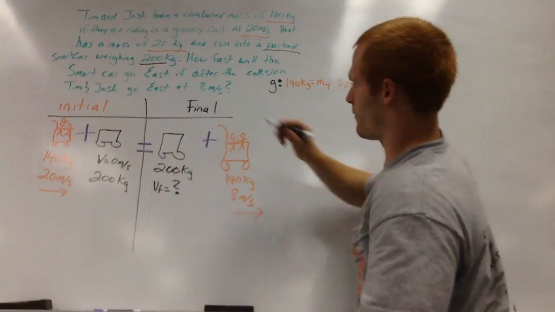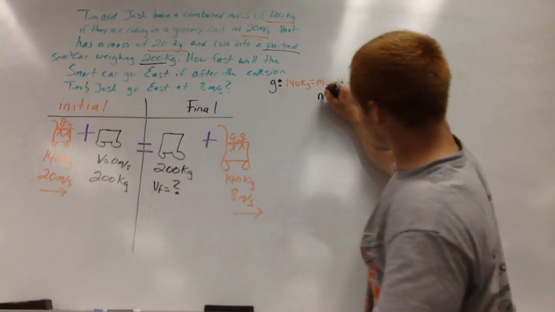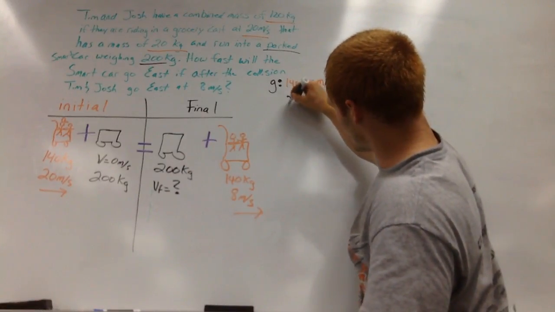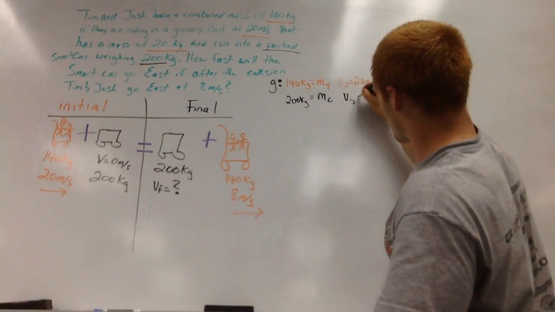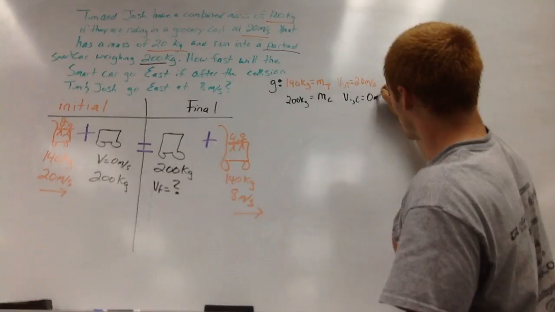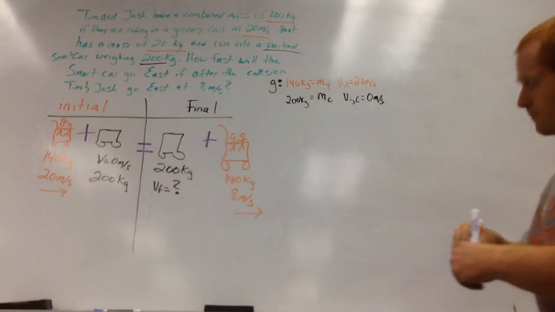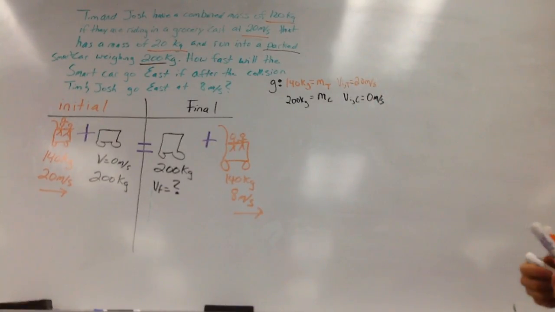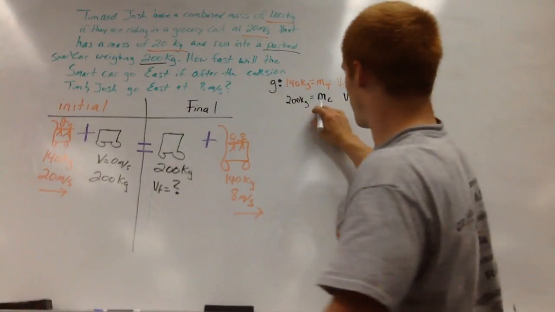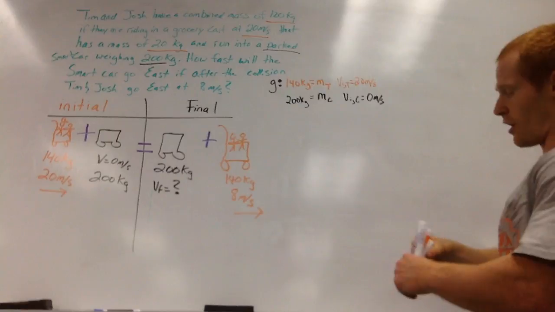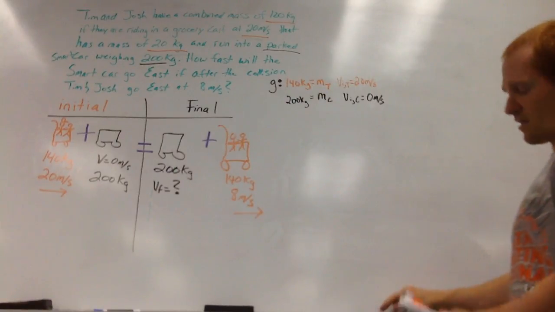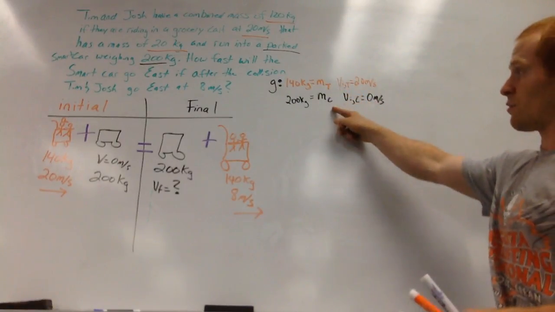And then we have the mass of the car, and it was 200 kilos. And then we also have the velocity initial of the car, which was parked, so 0 meters per second. Then we have the mass of the car. We already have that written down. It doesn't change. We already have the mass of Tim right there, mass of the car there.